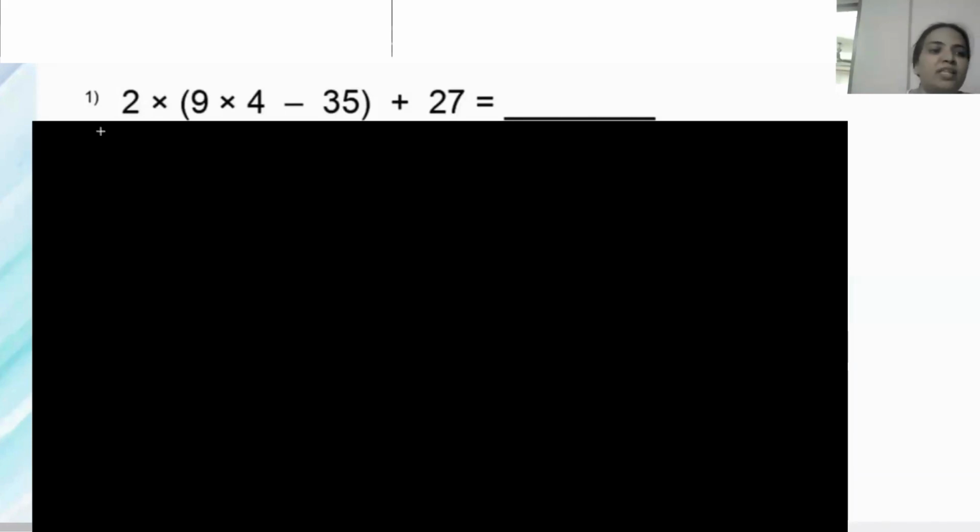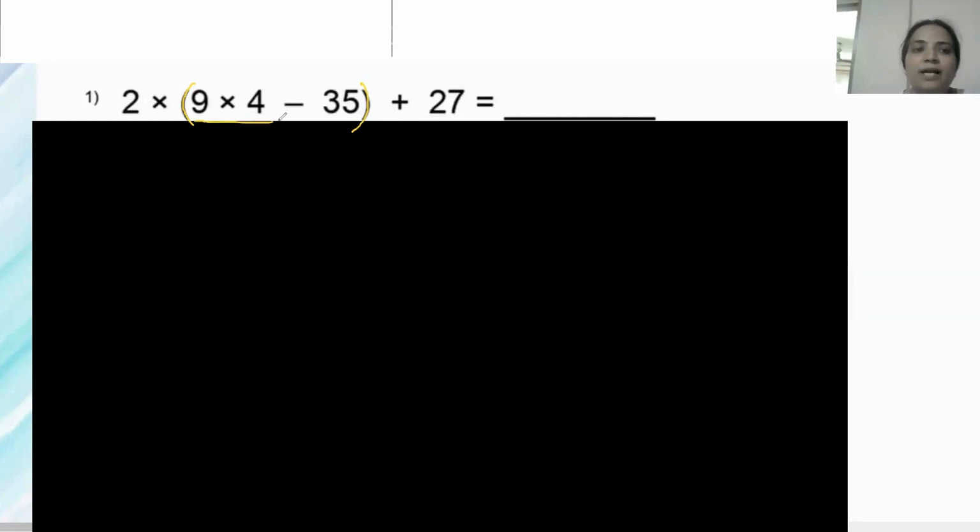Nobody should only give me the answers. The submission should have the complete solution. Now this is 2 times. Don't read it as 2 multiplied by this. This is 2 times this complete bracket. You will read it as 2 times 9 times 4 minus 35 plus 27.